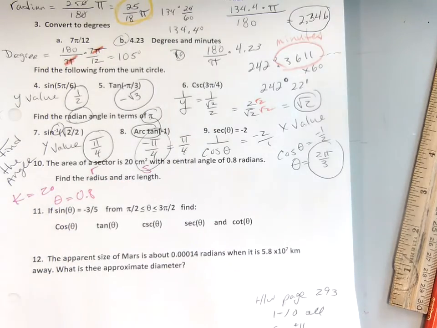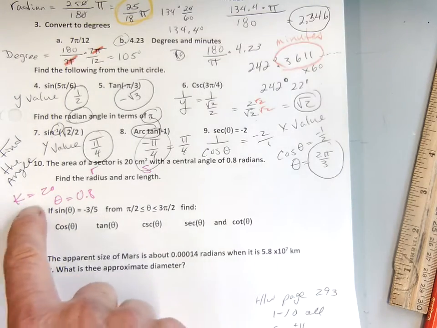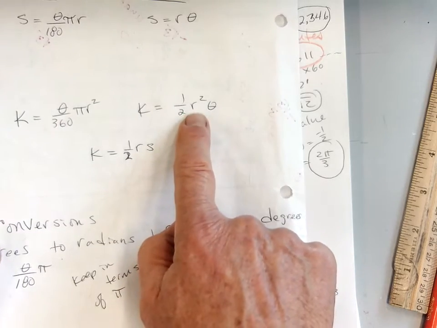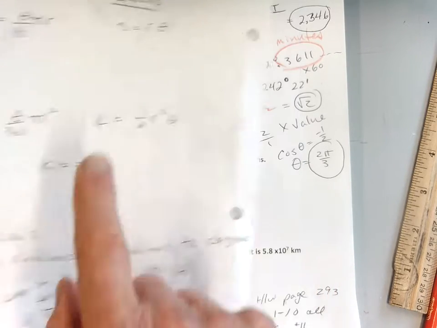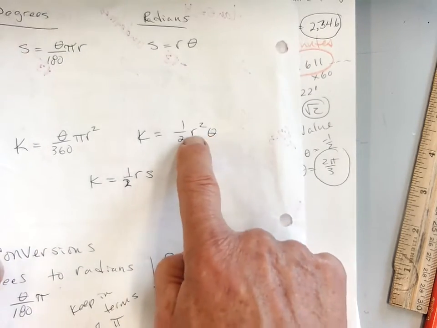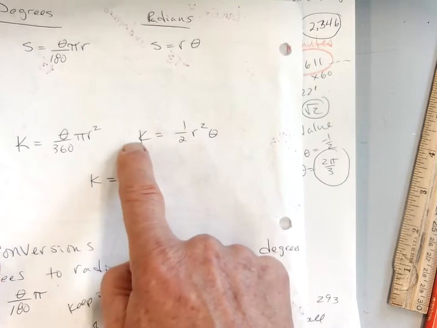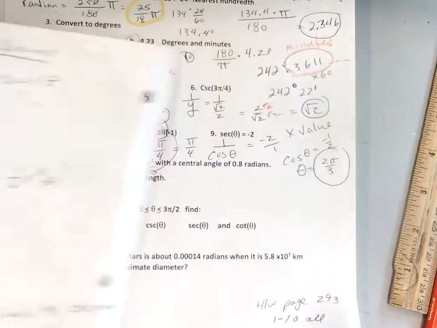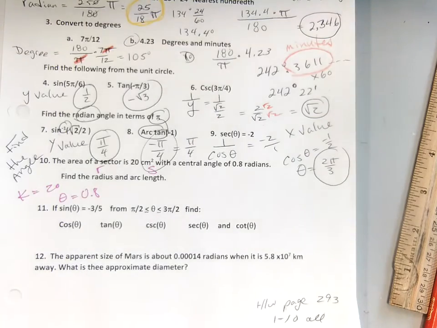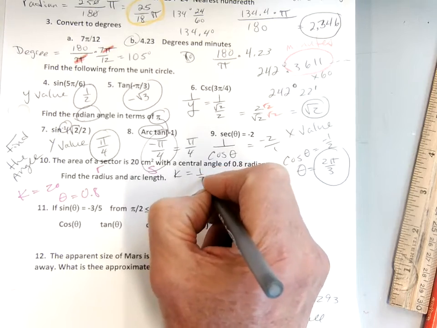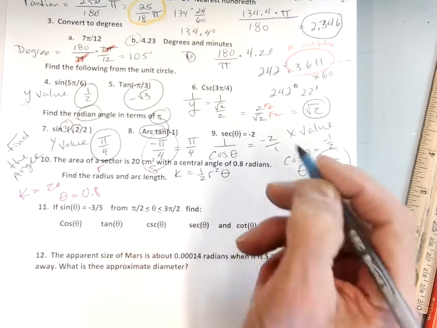So I look at my notes, looking for something with these variables in it. I'm probably going to use this formula first, because I've got K and I have theta, and I can find R. That makes the most sense to me, so I'll start off with K equals 1/2 R squared theta.